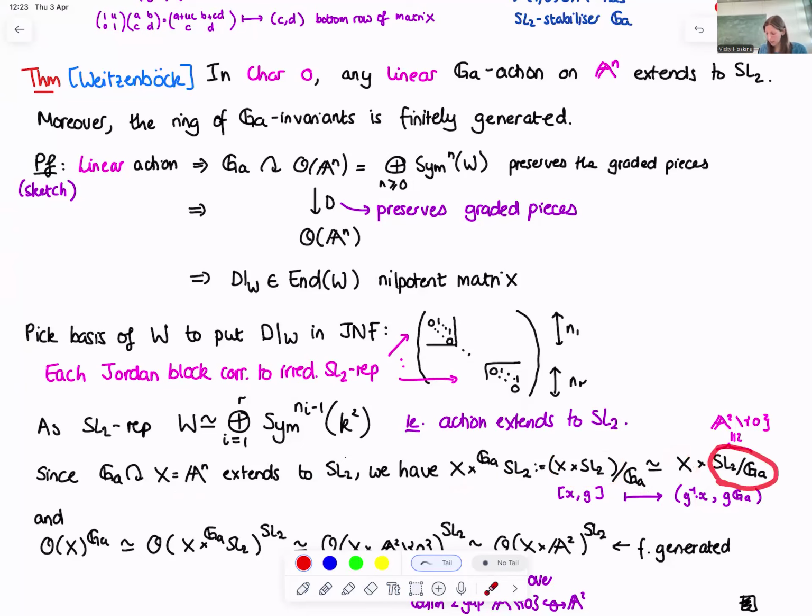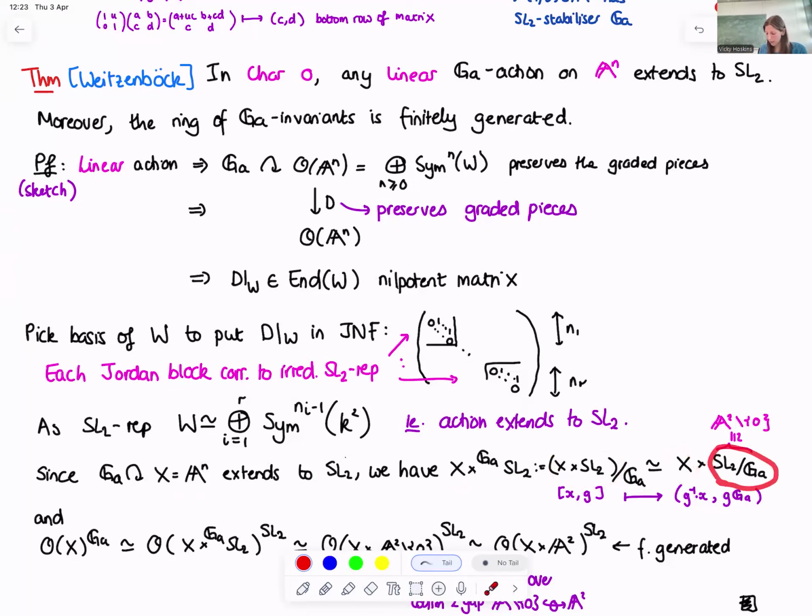And so now, using this Borel construction, you can compute the ring of invariants because you have that the GA invariant functions on X are the SL2 invariant functions on this Borel construction, which is just X cross A2 minus the origin. This is only quasi-affine, so its coordinate ring is not going to be finitely generated in general.